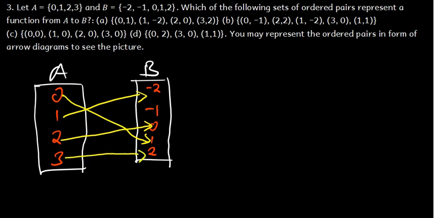So is this a function? We can only consider to say it's a function as long as all the values of x, all the values of A, they have got an output value. Okay, so as we can see, even if this one is not mapped to anything, but as long as all the values of x have got the output values, then that one is going to be a function.